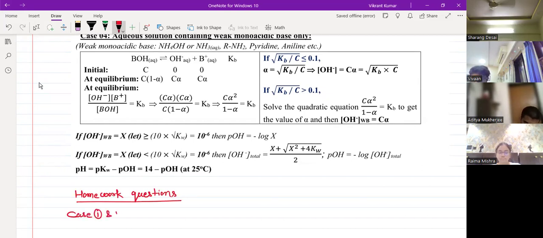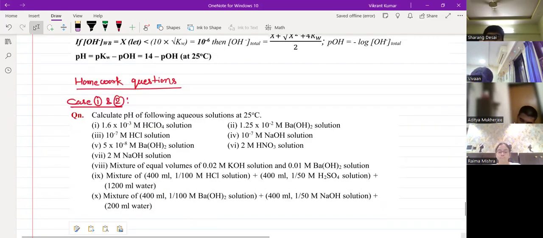I am already giving you a hint that I am giving some questions for case 1 and 2. If I give you this whole thing, I'm giving you 10 questions for direct calculation of pH in this case.